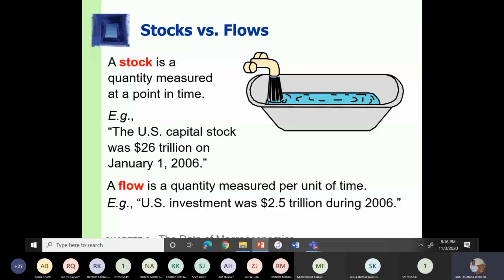So our rate of investment should be more than rate of depreciation. If your rate of investment is the same as rate of depreciation, your capital stock will remain the same. But if your rate of investment is more than rate of depreciation, then your capital stock will increase. I hope this is clear.